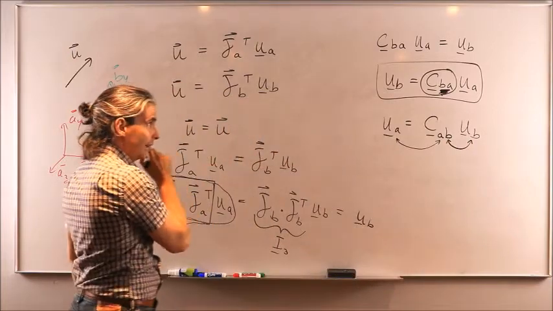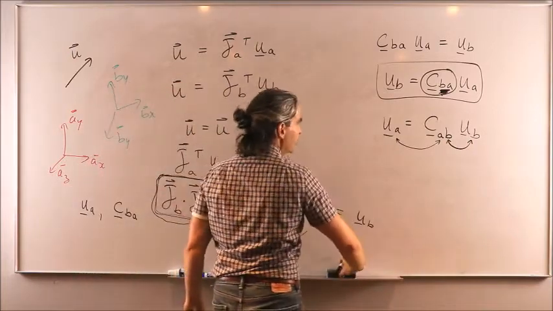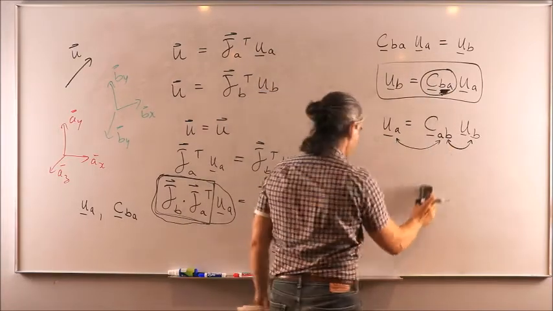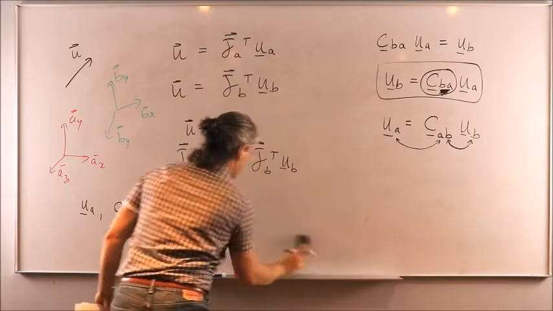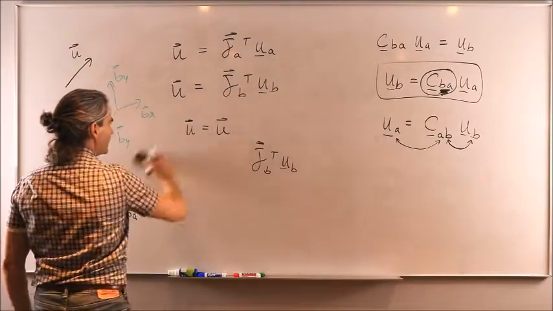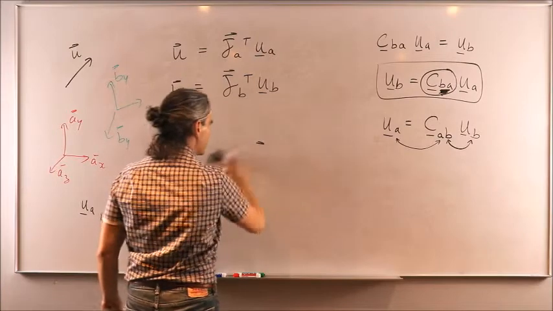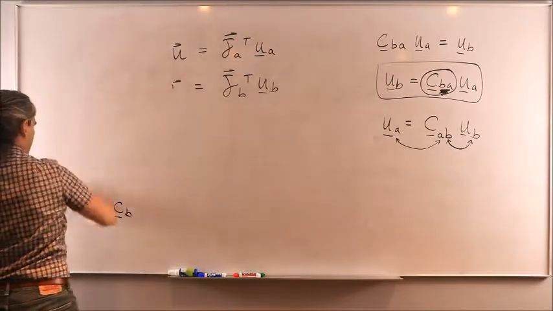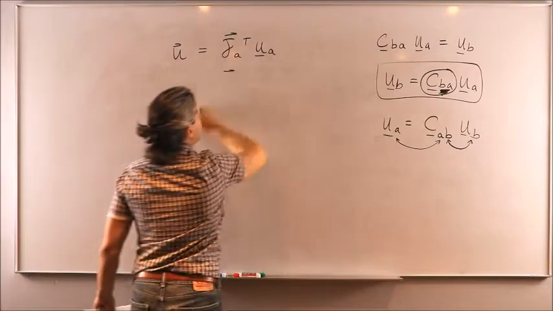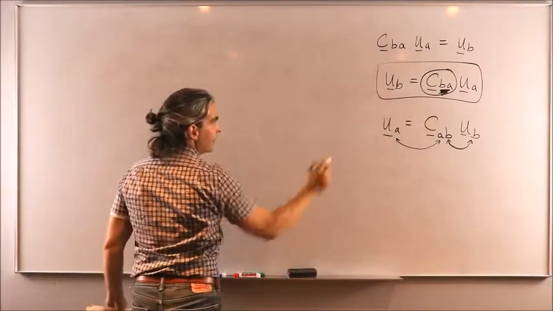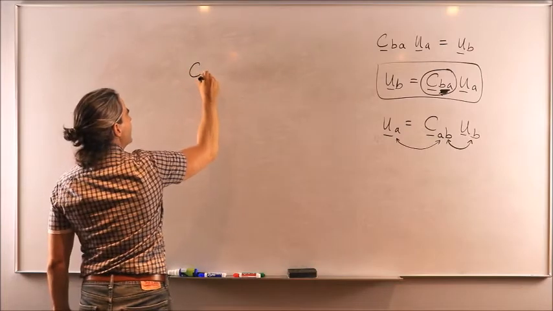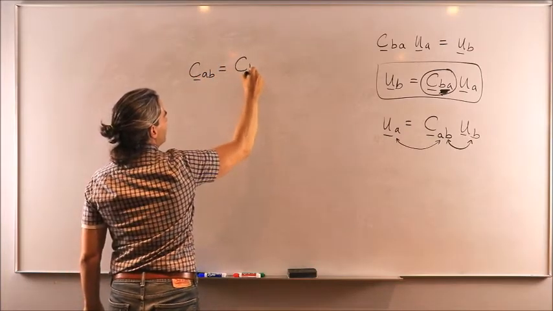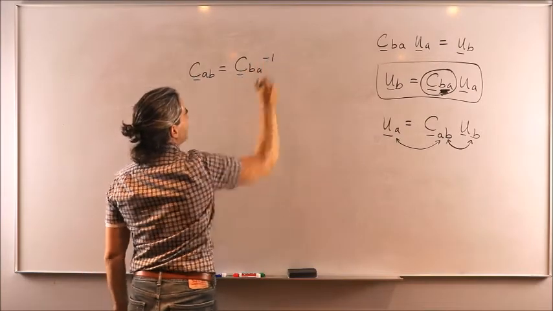But turns out that if you know CBA, but you need CAB to perform an operation, you can easily do it, because there is a very interesting property of rotation matrices that tells you that CAB is actually the inverse of CBA.